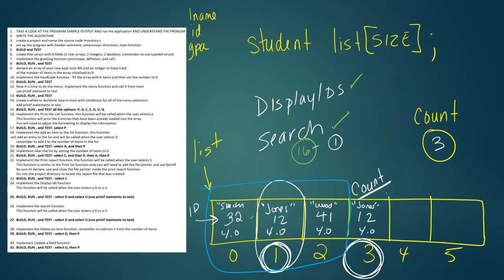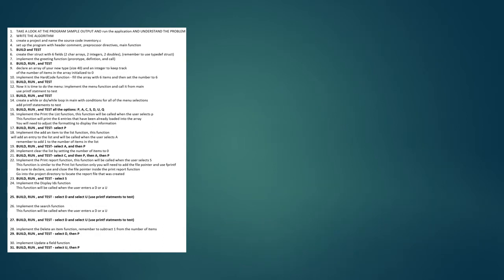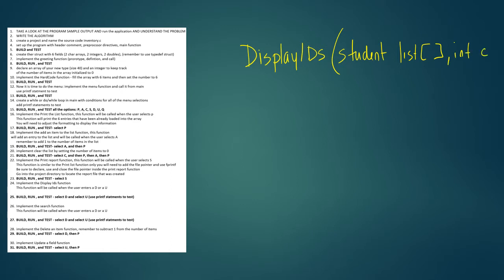All right, so let's get started on the first function, which is the display IDs function. Now this function is going to take, of course, your list. My data type is student, my list, and it's going to take the count. I'm just putting C here for count, and it's going to return the ID that the user wants to delete.